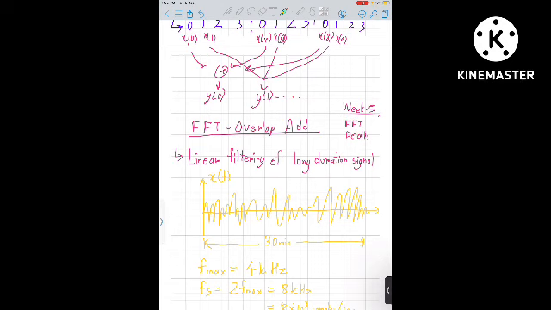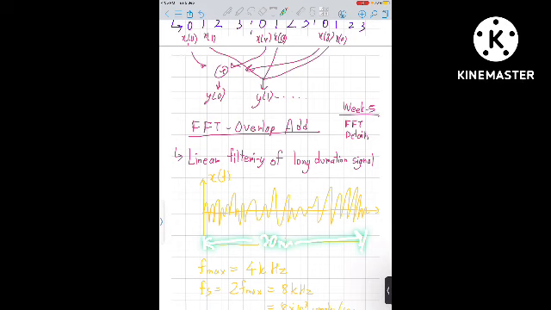Our signals in real life, let's say before sampling, are very long sequences. Even if I record a speech or a lecture of 30 minutes.